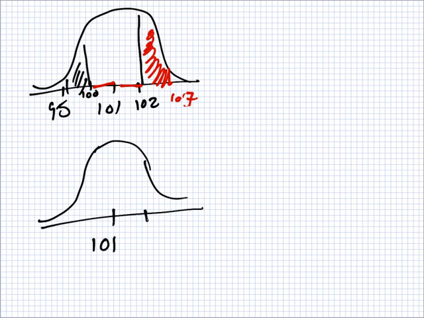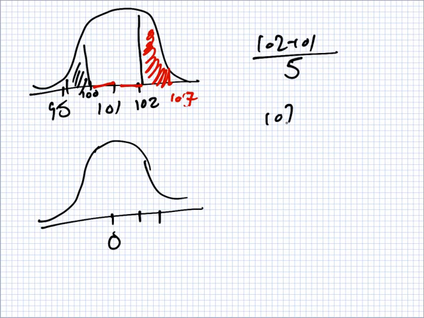So here is now 0, and let's get the z-scores. So 102 minus 101 over 5, and then 107 minus 101 over 5. So that's 0.2, and that's 1.2.